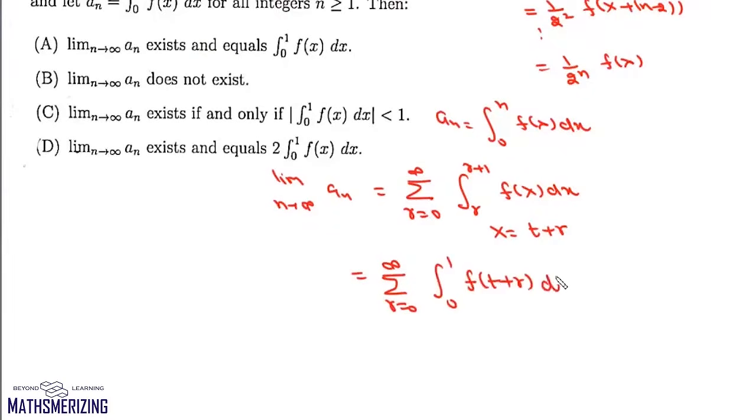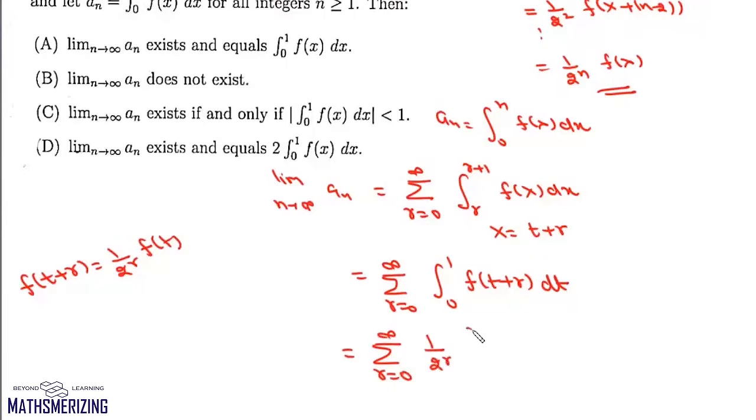f(t plus r) dt. Now using this relation we can write f(t plus r) as 1 upon 2 to the power r into f(t). So it will be the summation r varies from 0 to infinity of 1 upon 2 to the power r, then the integral from 0 to 1 of f(t) dt.